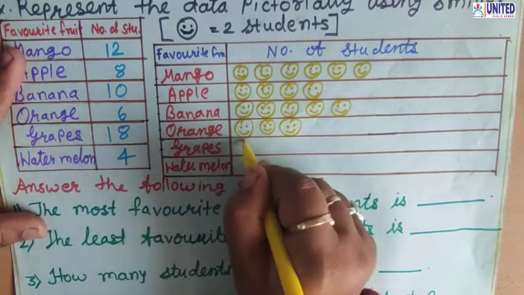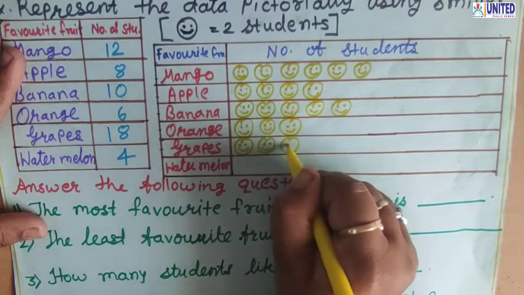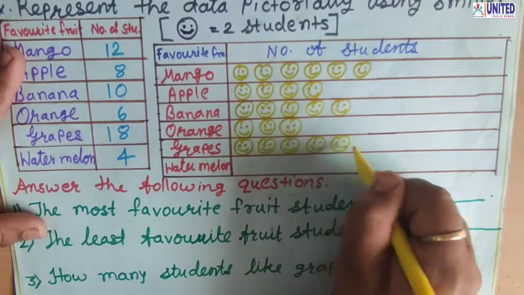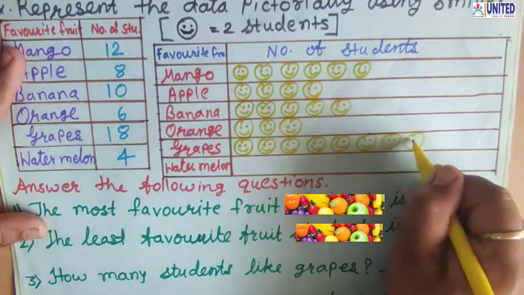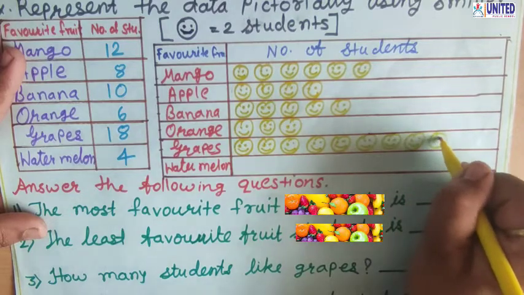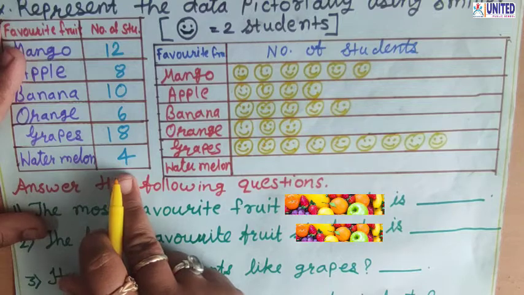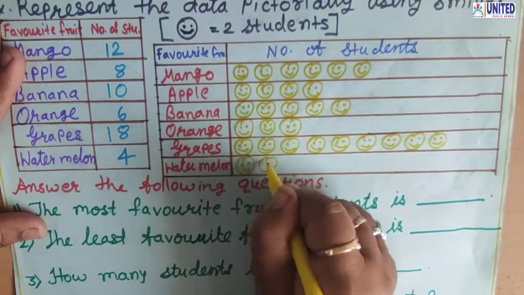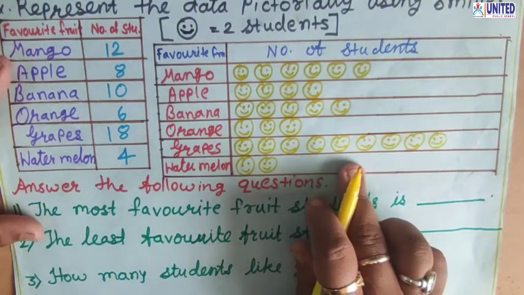So we draw 9 smileys. 1, 2, 3, 4, 5, 6, 7, 8 and 9. Now what about the watermelon? Watermelon is liked by 4 students, so we draw only 2 smileys. In this way we can complete our pictograph.